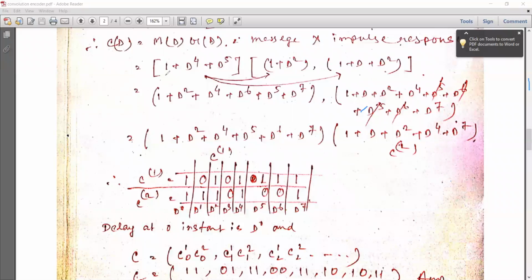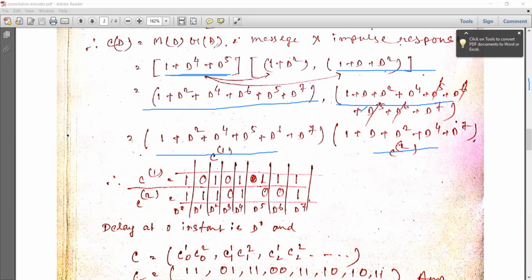I'm highlighting this. When we multiply this with this, we get this. All the addition is considered as XOR addition, so the same elements will be cancelled out. So D5 and D5, D6 and D6. Finally we have got C1 and C2 like this.